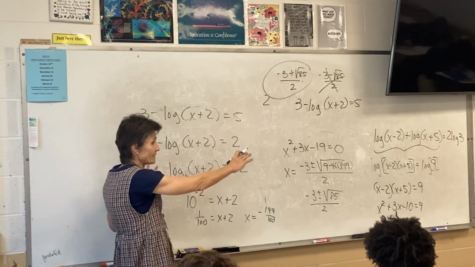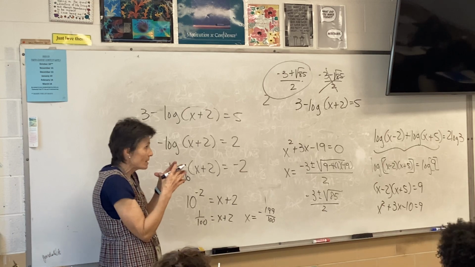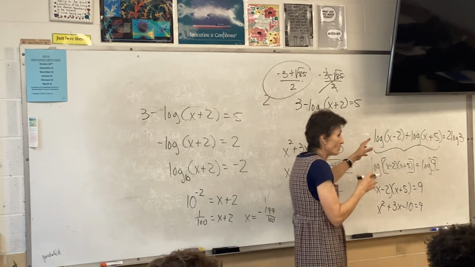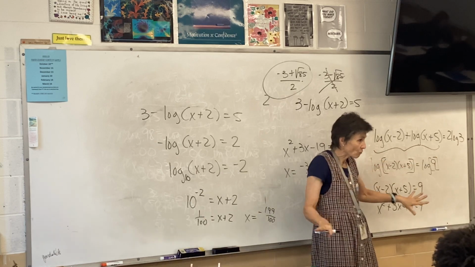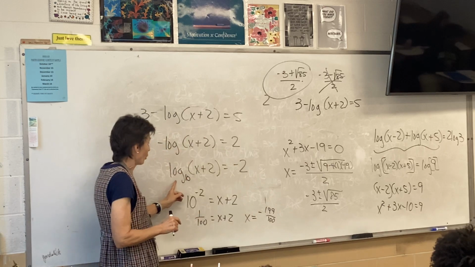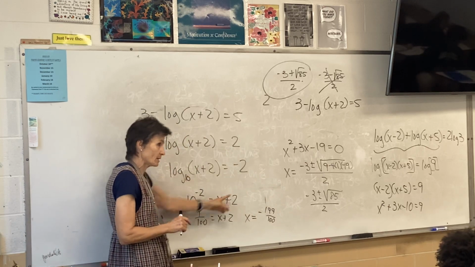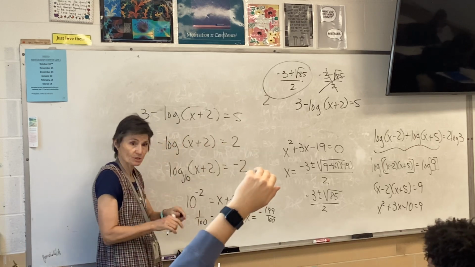So fundamentally, these last two problems, they're logarithmic equations. If you have logs on both sides, then work to get log equals log and drop them. If you only have logs on one side, work to get it by itself and then log roll it. 10 to the negative 2nd equals x plus 2.